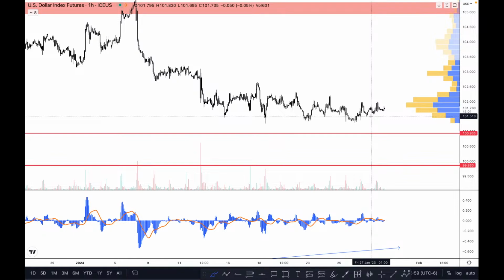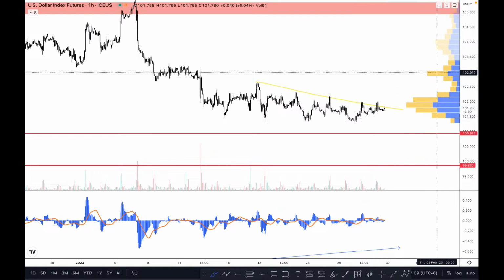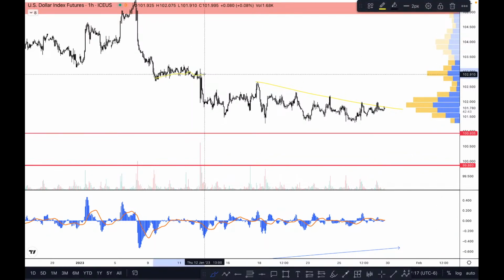What I think is going to happen is one of two things. We're either going to get this breakout into this next area of volume at 102.97, basically 103, where there was a lot of price action.